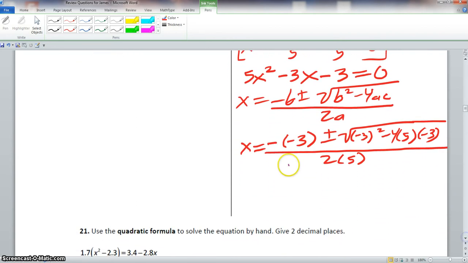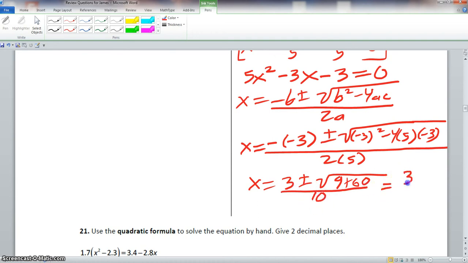Now, we know the opposite of negative 3 is 3, plus or minus the square root of, this is 9, negative 4 times 5 is negative 20, times a negative 3 is a positive 60, all over 10. Now, this will end up being 3 plus or minus the square root of 69, all over 10.